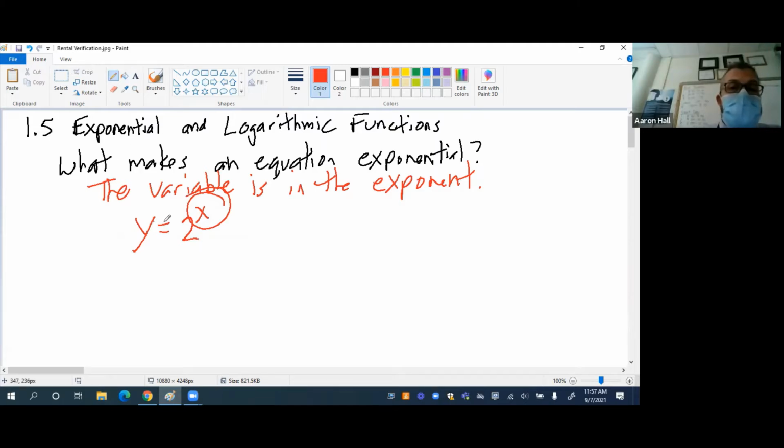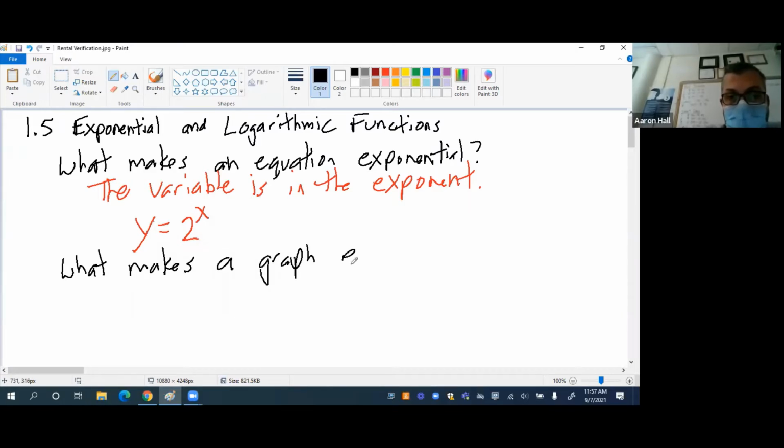Now, that is when we write out something algebraically. What makes a graph exponential? It's when it is infinitely approaching something.